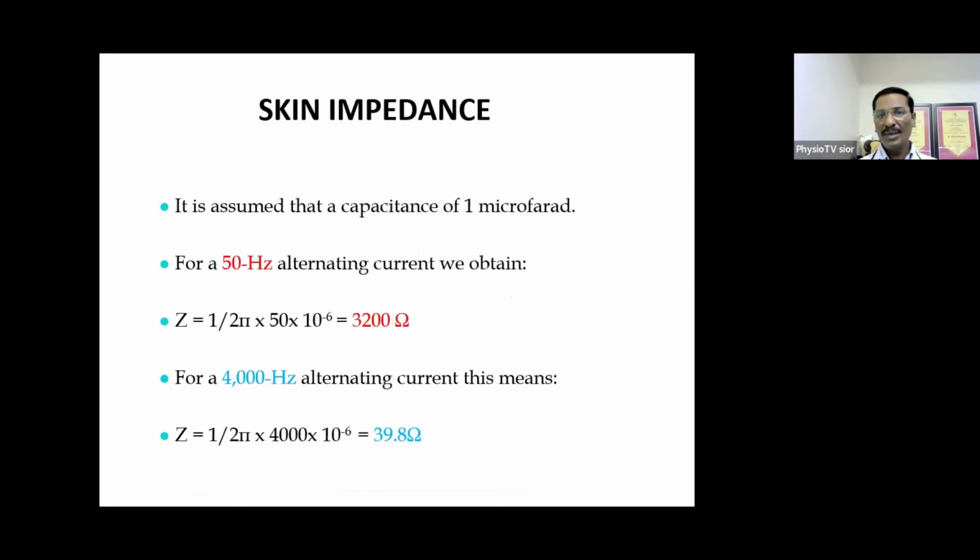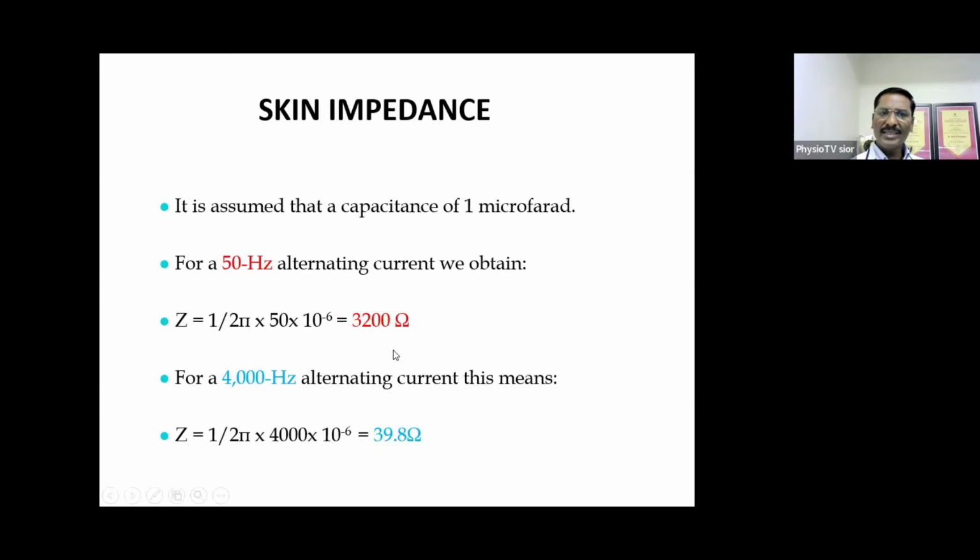Now coming to the impedance, we'll take an example to understand it. Let us take a case scenario where the capacitance of the skin is 1 microfarad. Let us apply this in the formula and see. The domestic current which we receive is of 50 hertz. If you apply that, then for a 50 hertz current, the skin offers a resistance of 3200 ohms.